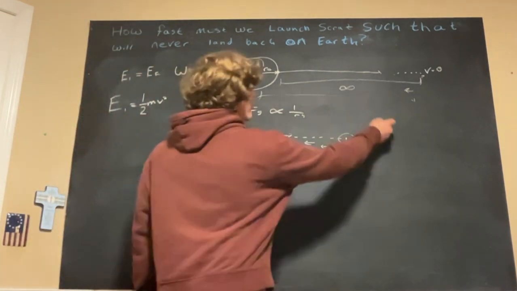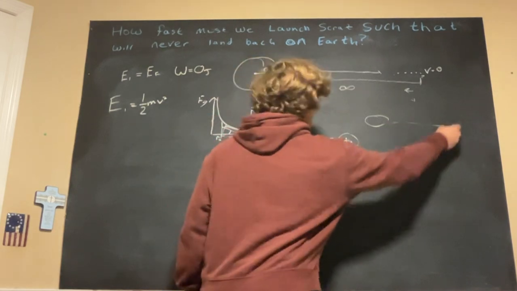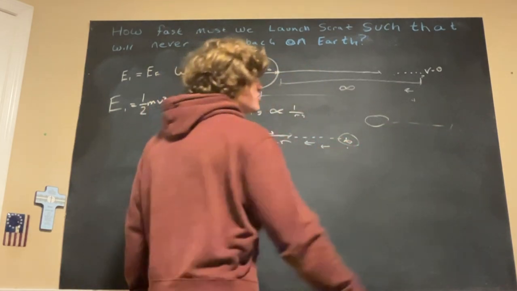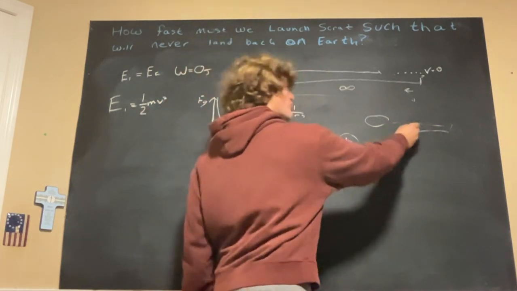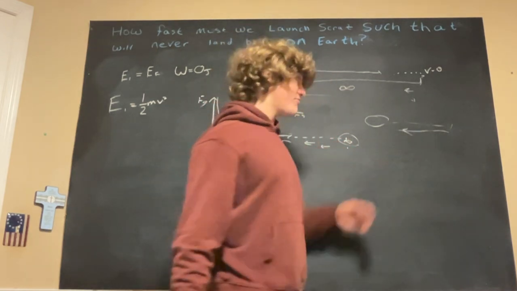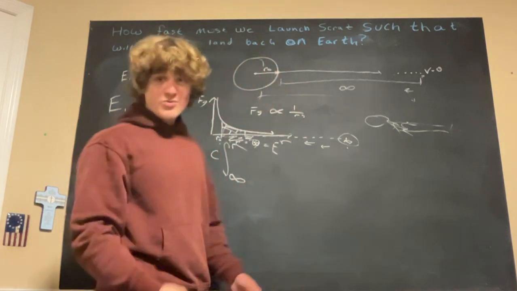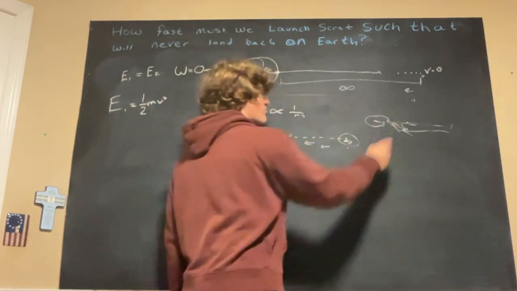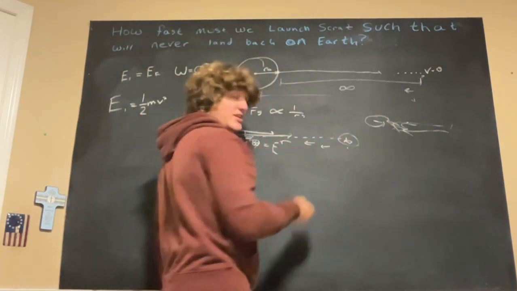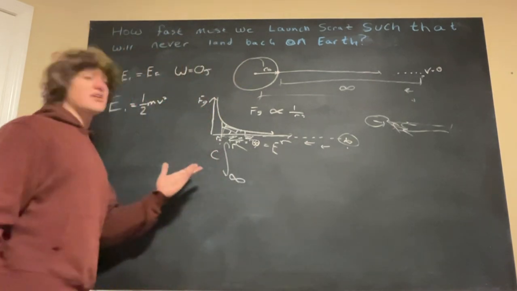If you are really far away from an object, infinitely far in this case, you have all this force pulling you this way. It's very low at first, but it grows and grows until you get to the initial radius. Then you have a velocity which is proportional to the energy gained.